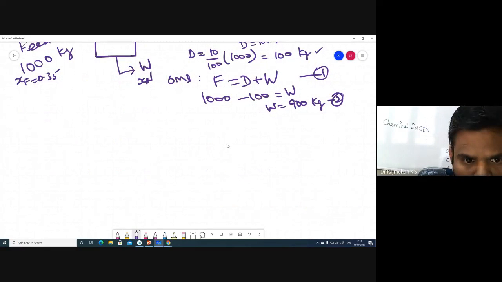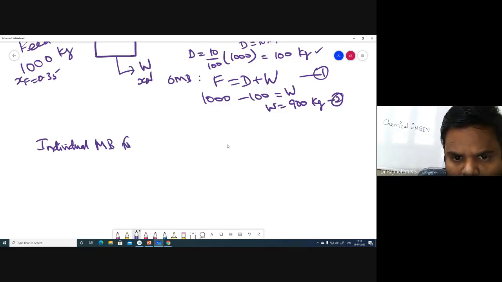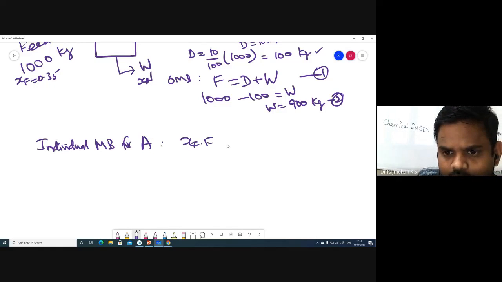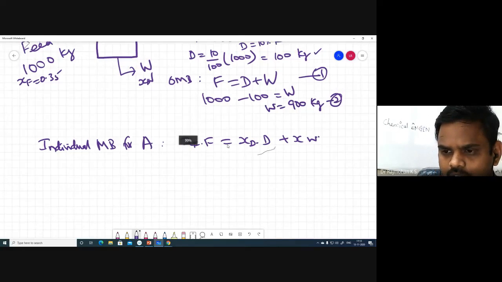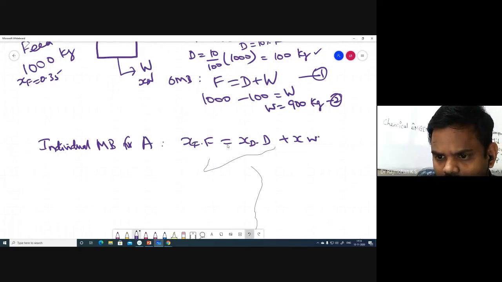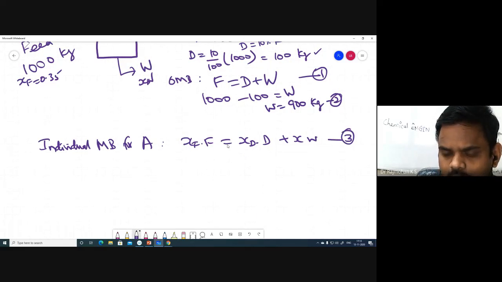So what is the individual material balance? Individual material balance for A is XF into F equal to XD into D plus XW into W. Okay, so let it be equation number 3.